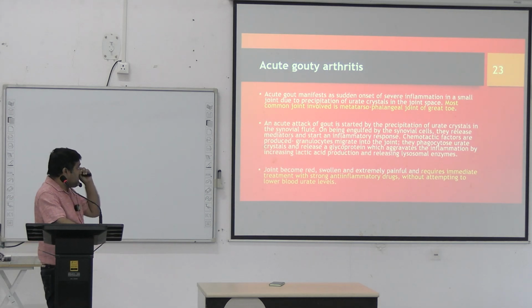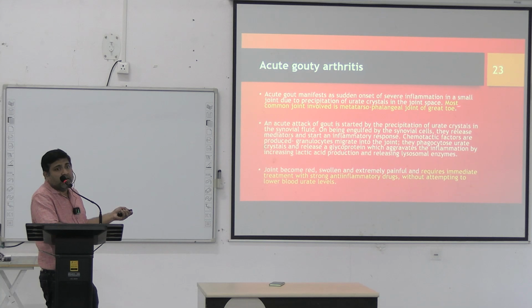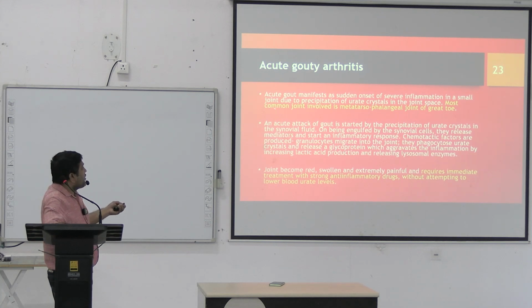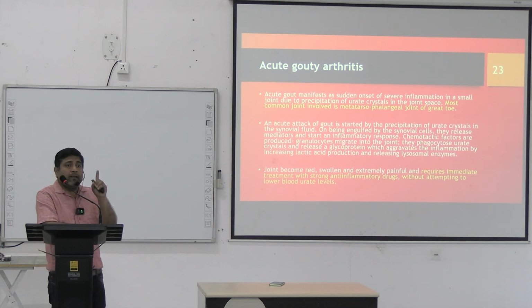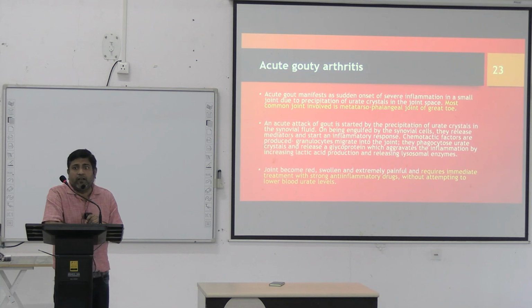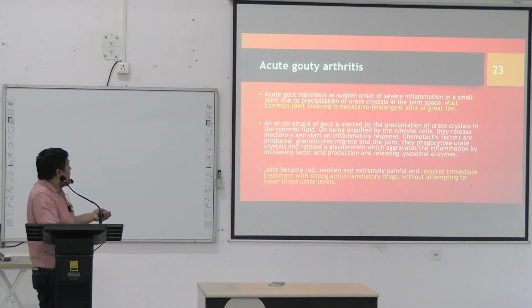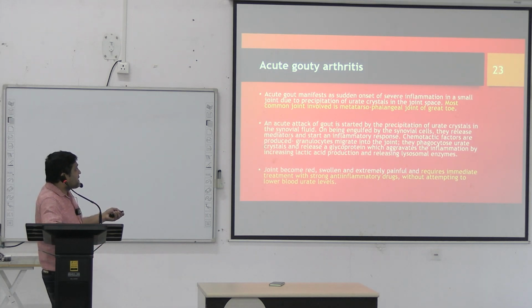Acute gouty arthritis manifests as sudden onset of severe inflammation in a small joint due to precipitation of urate crystals in the joint space. The most common joint involved is the first metatarsophalangeal joint of the great toe. An acute attack of gout is started by the precipitation of urate crystals in the synovial fluid.